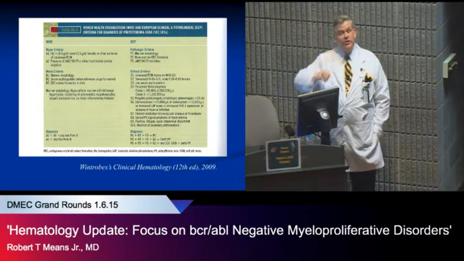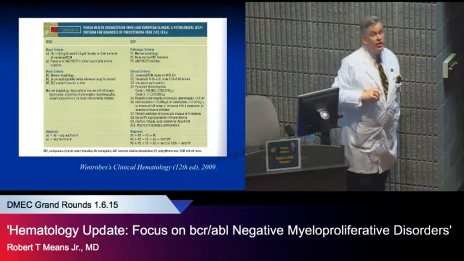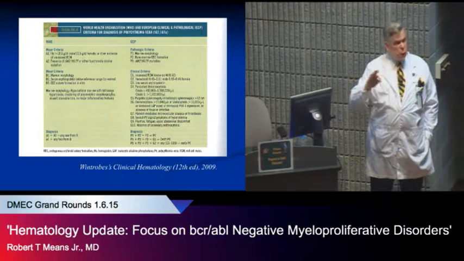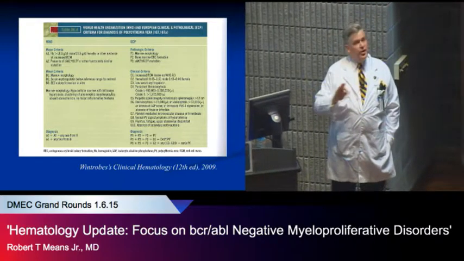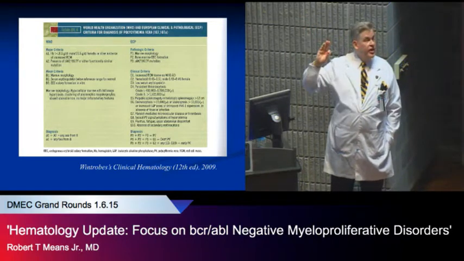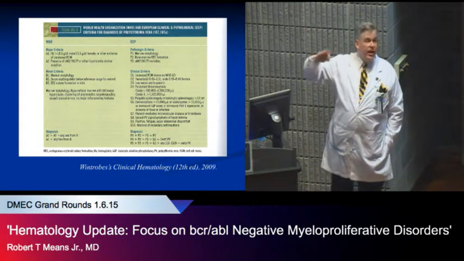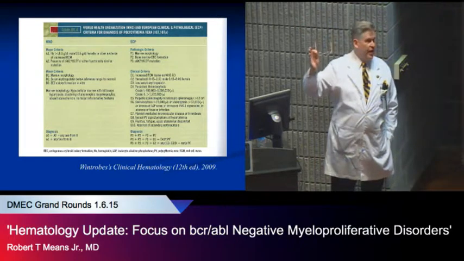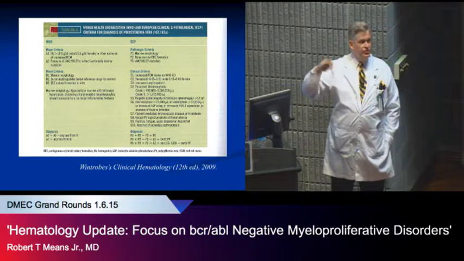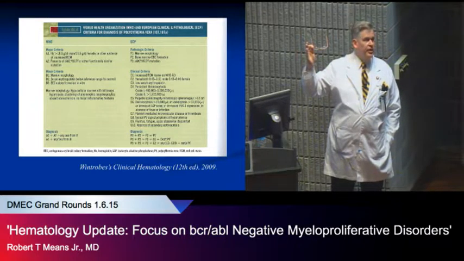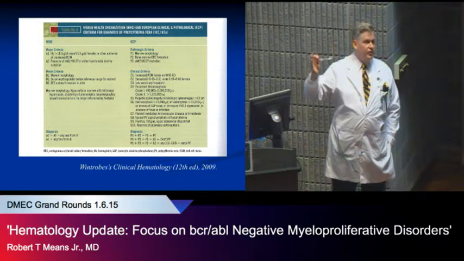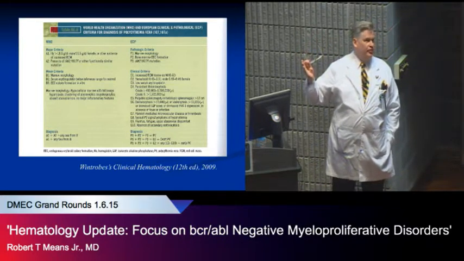A better criterion is probably a hematocrit greater than 60% in men or 58% in women, because if you correlate these hemoglobin levels and hematocrit levels with red cell masses, everyone who has a hematocrit of 60%, for example, if you're a man, has an elevated red cell mass, or they are in shock from having had a massive blood volume loss.